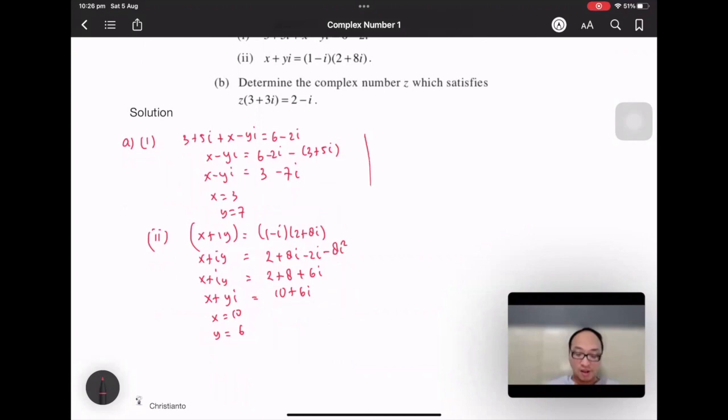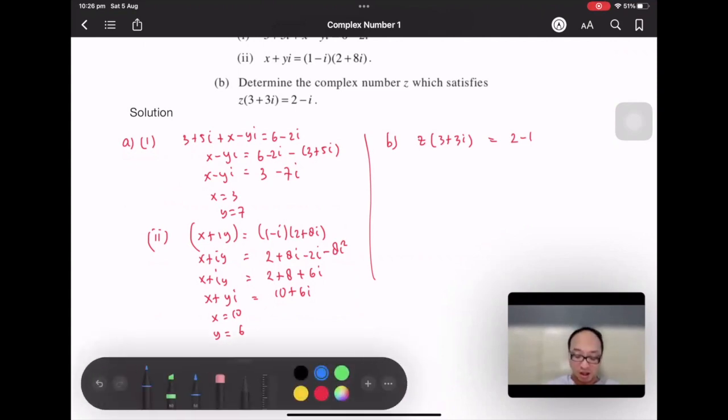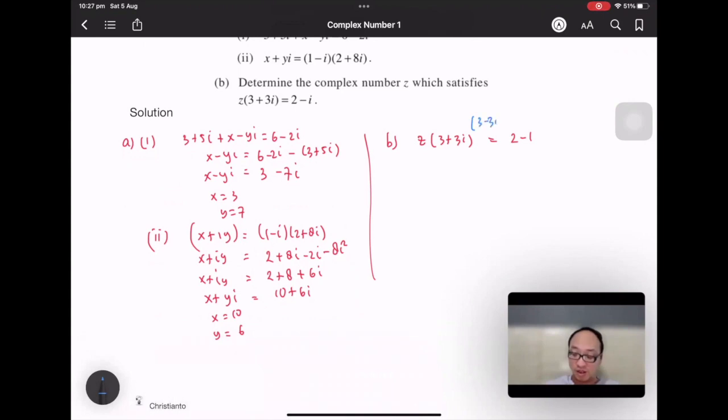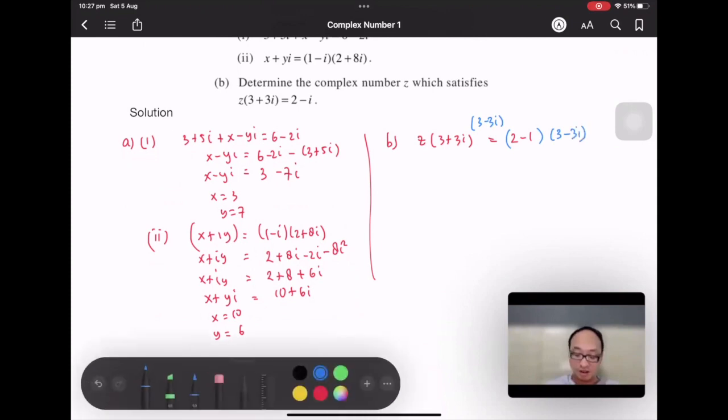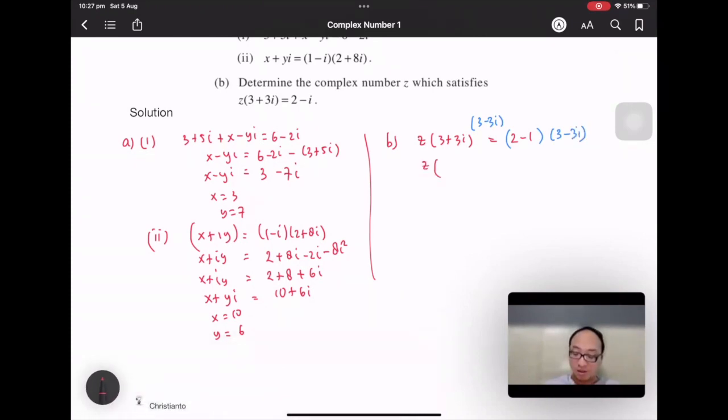And then for (b), determine the complex number z that satisfies z times (3 plus 3i) equals 2 minus i. So I will multiply it with the conjugate, 3 minus 3i. So this is multiplied by 3 minus 3i. So here it will become 3 squared plus 3 squared, which is 18, equals 6 minus 6i minus 3i plus 3i squared.